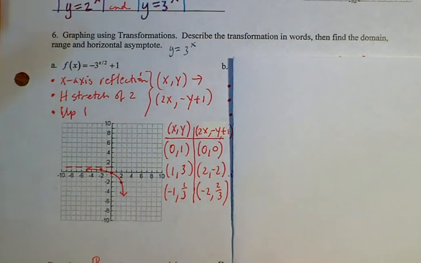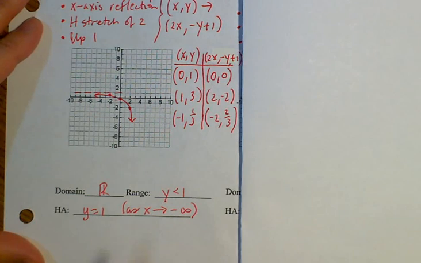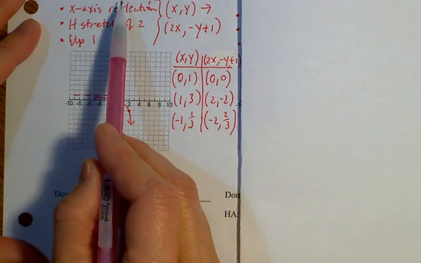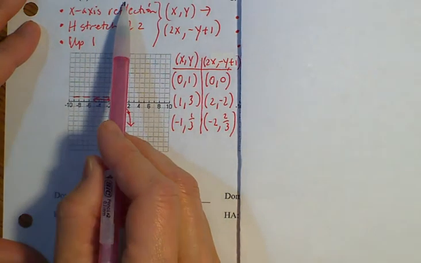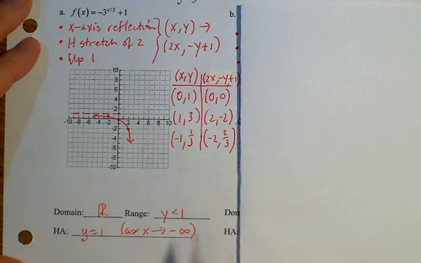Now I'm going to read off the information at the bottom. First, the domain is all reals, and it's all reals for all of the exponentials. The range relates to the vertical shift right up here. See how it says plus 1?